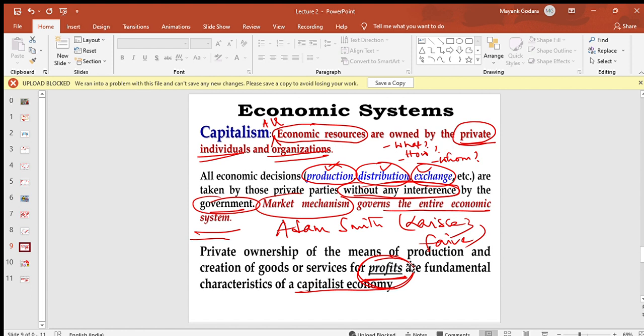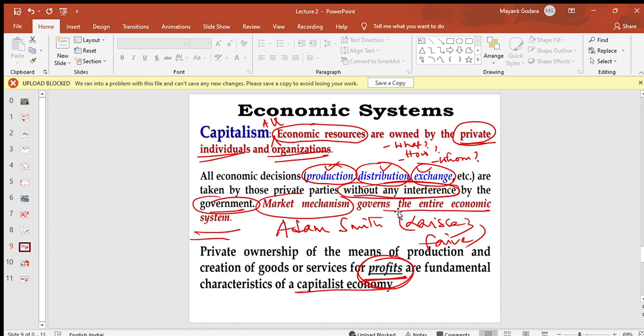So, what is capitalism? Here, economic resources are owned by private individuals. All the economic decisions like production, distribution, exchange, etc. are taken by private parties without any interference of the government. Market mechanism governs the entire economic system.